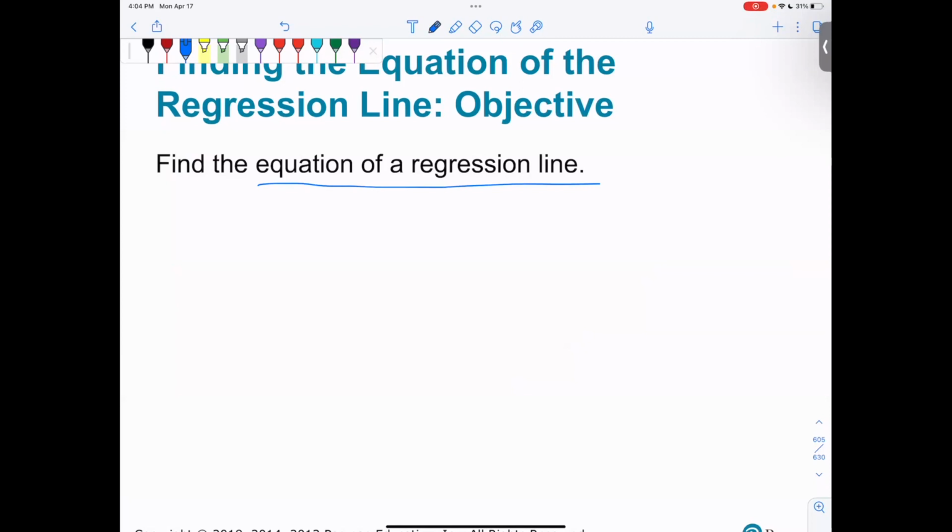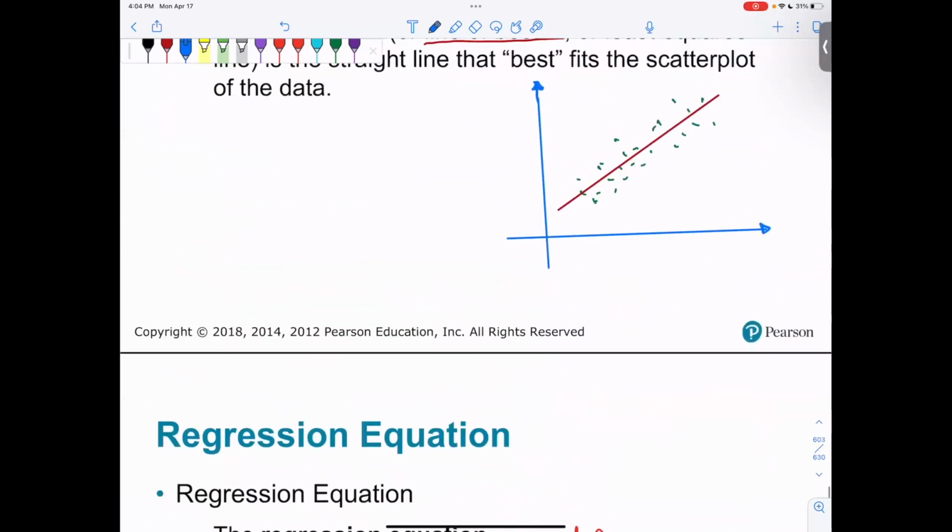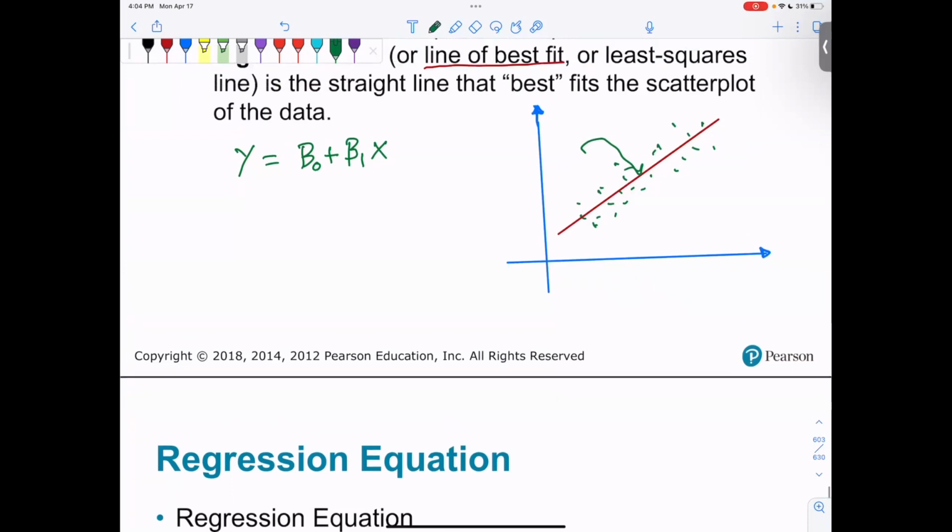This line is a straight line, right? And for any straight line, we have a function, so it could be y = a + bx, or let's say beta 0 plus beta 1x. The problem is that the best fit line is invisible.